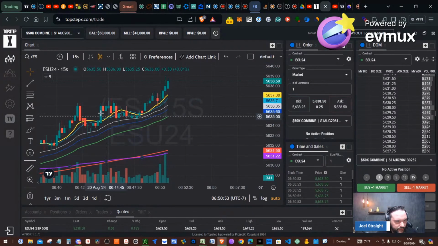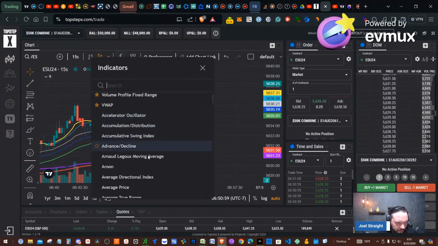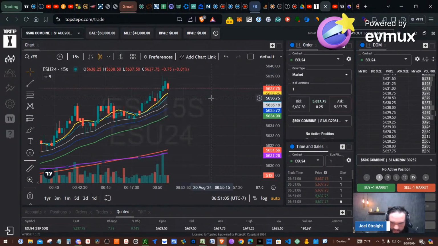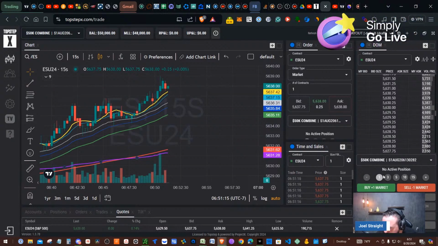But really, I'm kind of messing with those, dealing with those two things, trying to get those other two things to work. Three things really, because I'm trying to figure out how to just be able to click buy ask. I guess I got buy market, sell market, join the bid, join the ask. Okay. No active position.